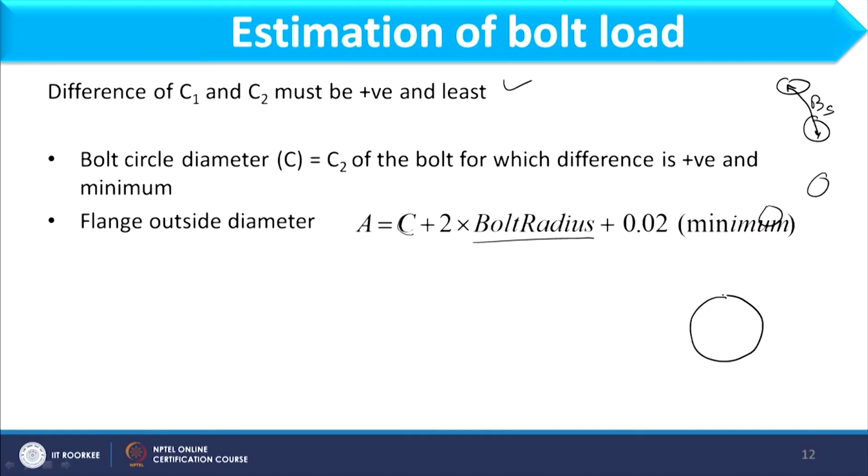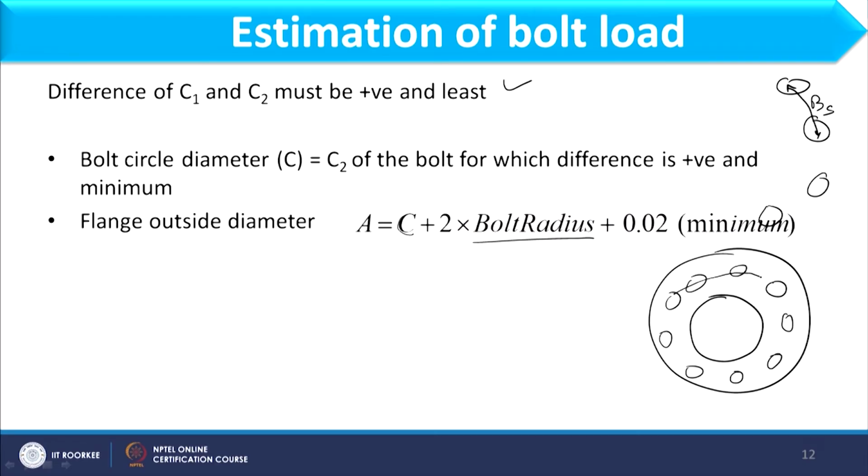Because for example, if this is the flange, here I am having this bolt circle, I will connect all these like this. So, C is basically this value. And here I am having the bolt which is half this way and half this way, therefore, 2 into bolt radius I have added, otherwise you can simply add the bolt diameter, plus 0.02.